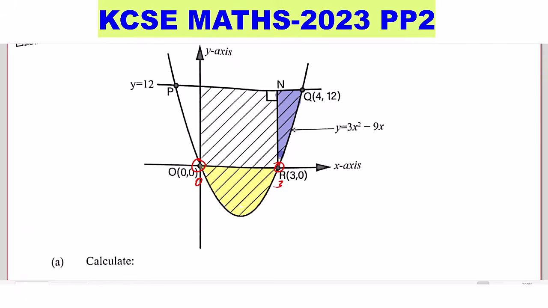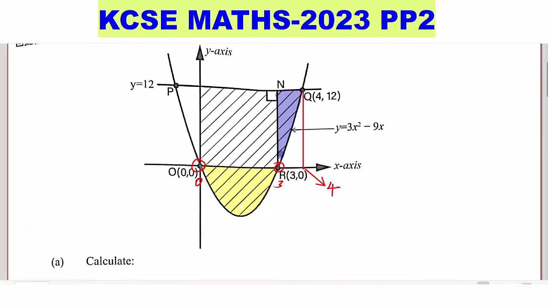So when you look at that area, you can see that it is possible to get that area if we draw another straight line from that line there. Since the coordinates of Q are 4, 12, the x-coordinate of this point here will be 4.